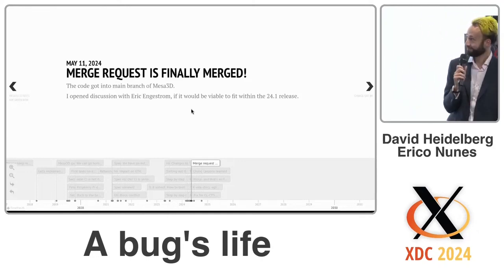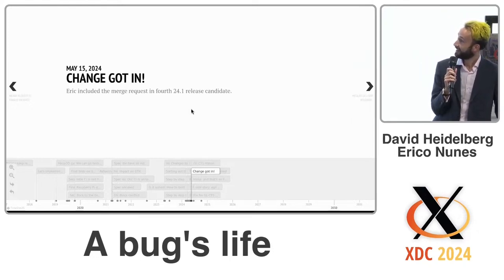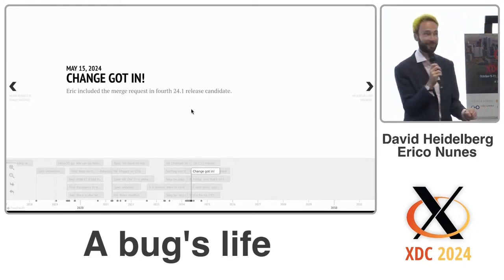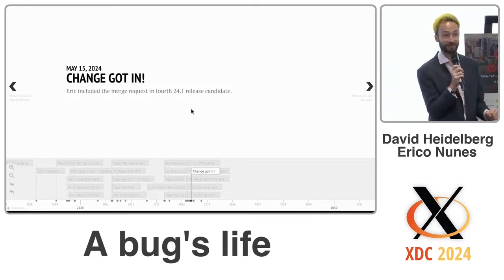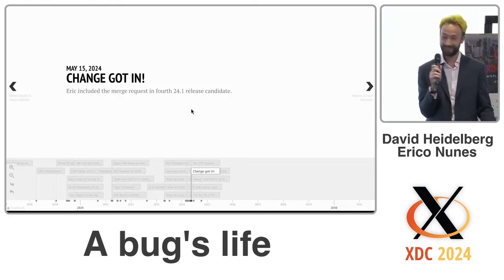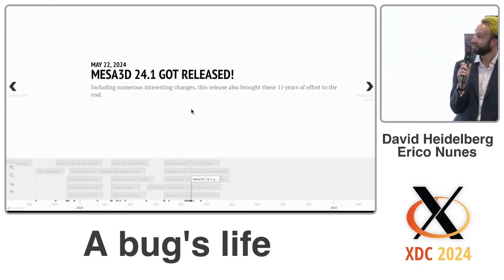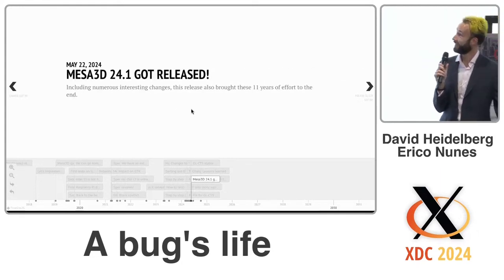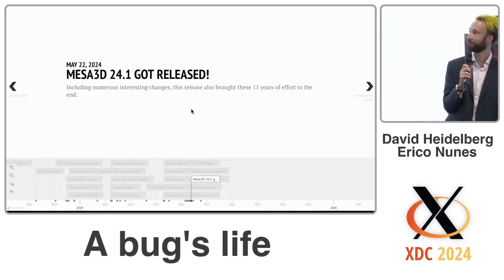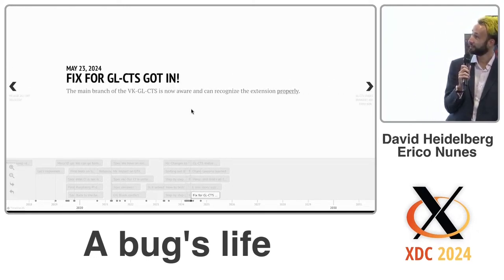So then what you do, you quickly talk to Eric a little bit about, can we still merge it? We have a lot of testing already done. Do we make it? And he said yes. So it got in, and Mesa 24.1 has this resolved, and there is not much reason to use GLX for anything now.